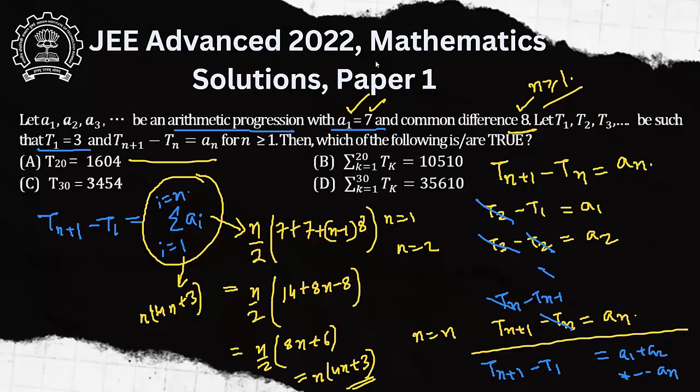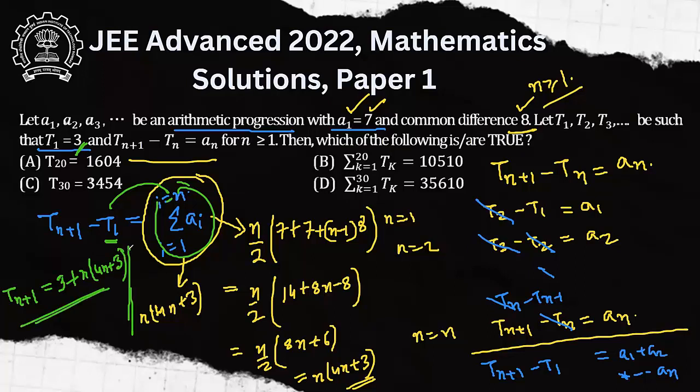Okay, so now I can say this T1 is 3, right? That means I can say now that Tn plus 1 is equal to this thing plus I bring T1 this side. So this is 3 plus n times 4n plus 3, right? So now we have an expression for Tn plus 1, term number n plus 1 in terms of n.